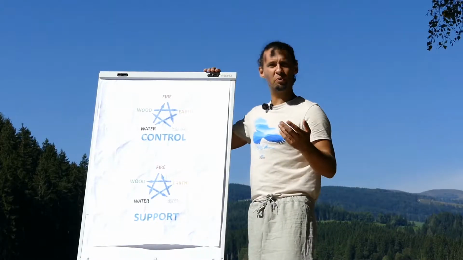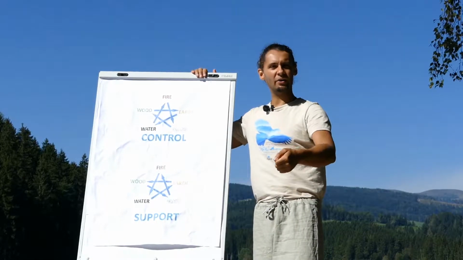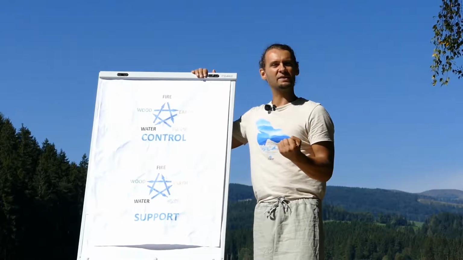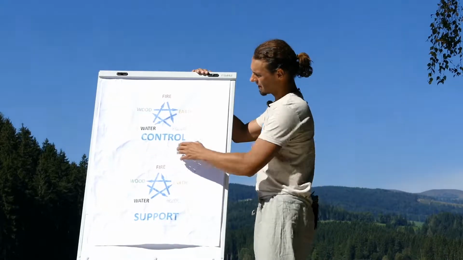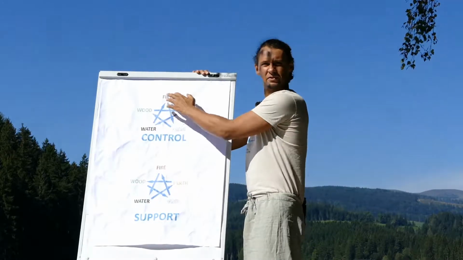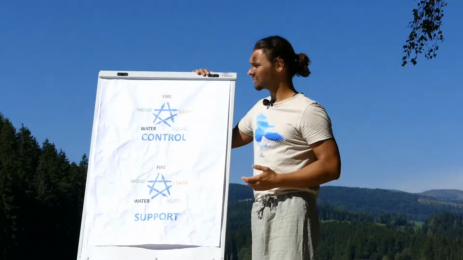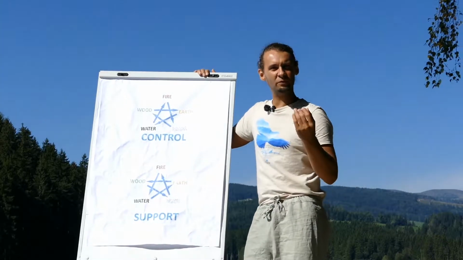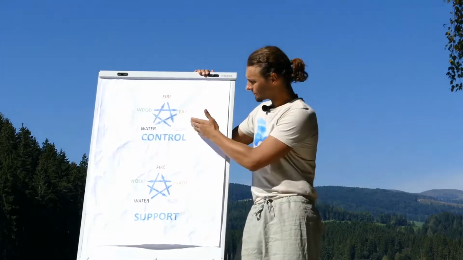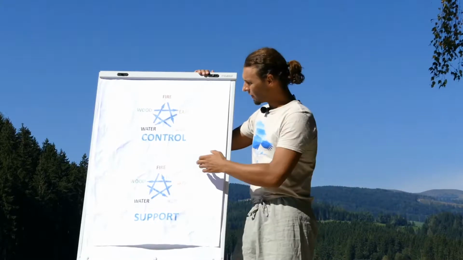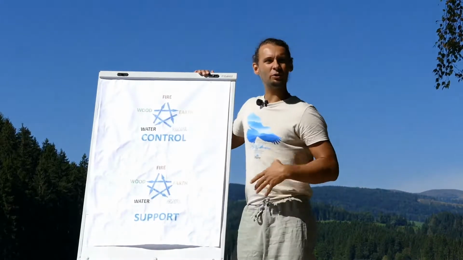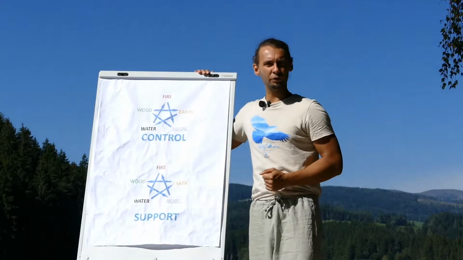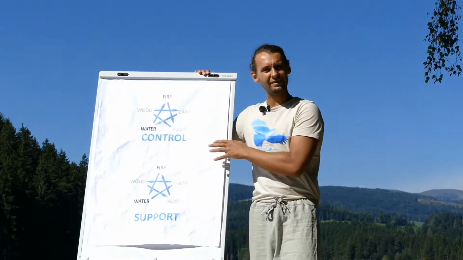So if you pour a bottle of water on dry earth, this dry earth will suck this water up. Water obviously controls fire, no need to explain there. Fire also obviously controls metal, because if you have fire that's hot enough, then the metal will melt. And obviously with metal you can actually cut wood. So that's the control cycle.